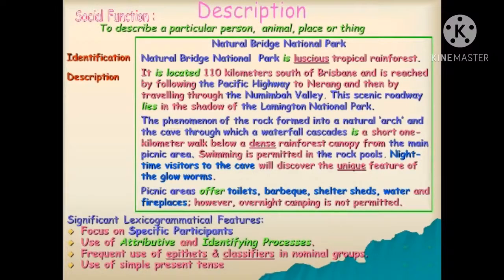And for the underlined, those must be epithets and classifiers in nominal groups. So there are delicious, and what else? Dense, unique, and all of these descriptive texts use simple present.